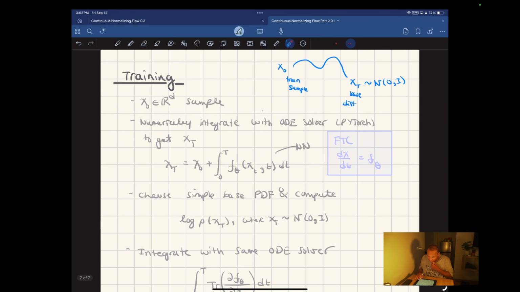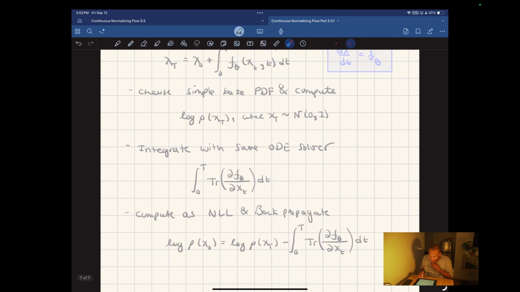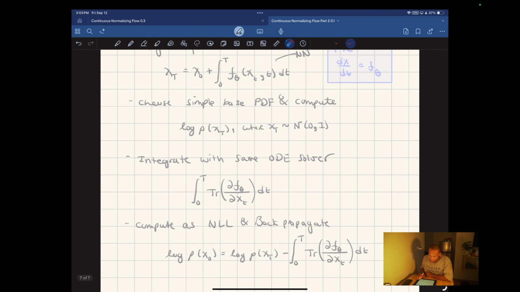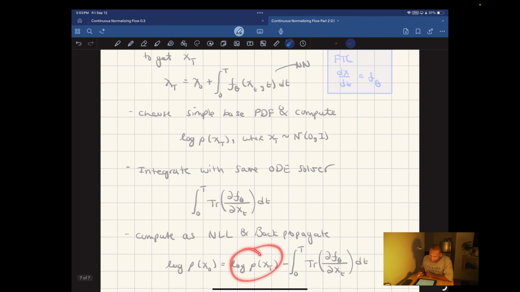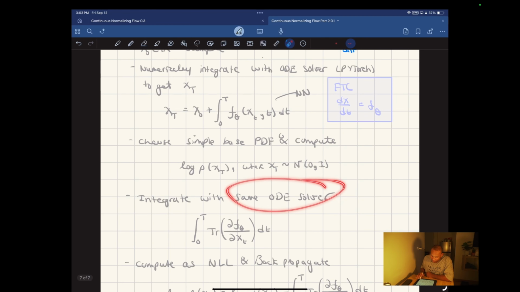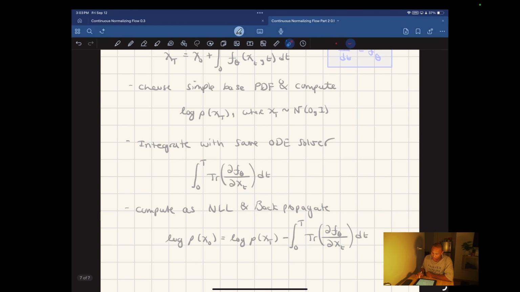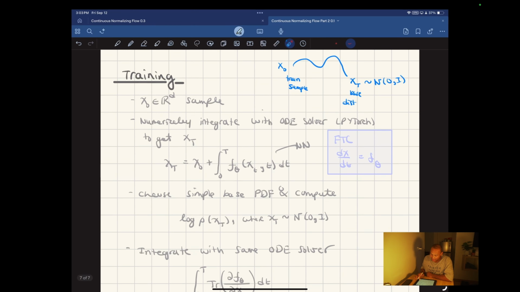And then we're trying to solve this equation. So now we have x sub capital T, and we calculate the log density, which we know how to do because we've assumed this to be a standard normal. Then, using the same ODE solver, we calculate this integral and subtract that result from the log density.